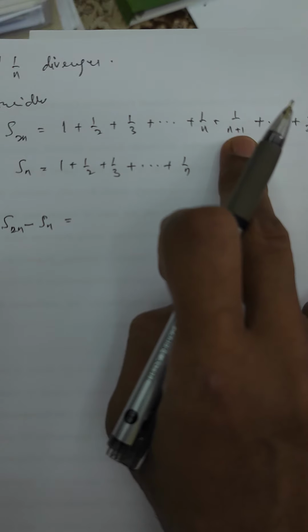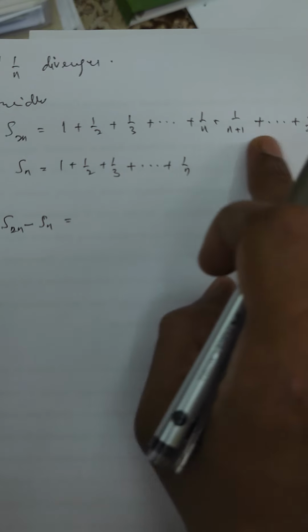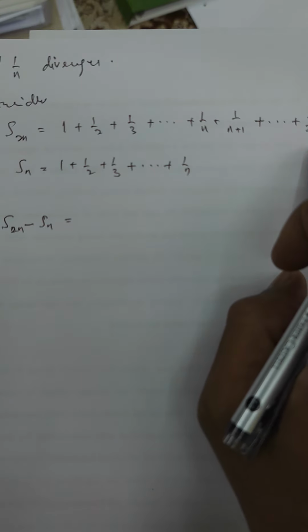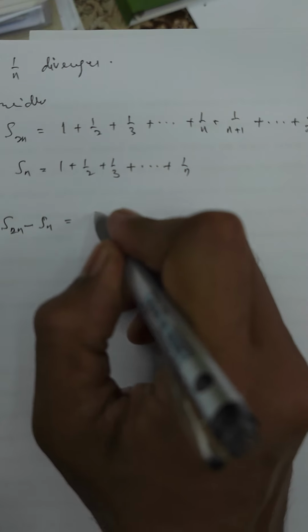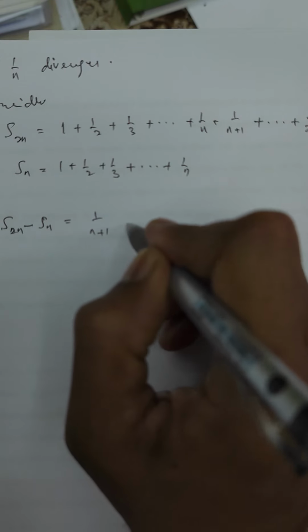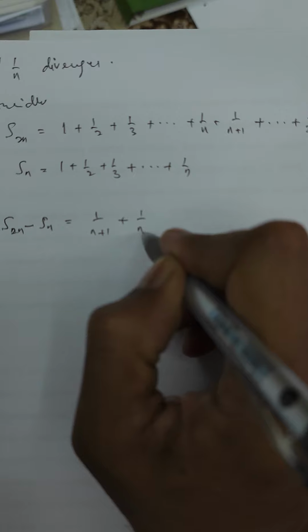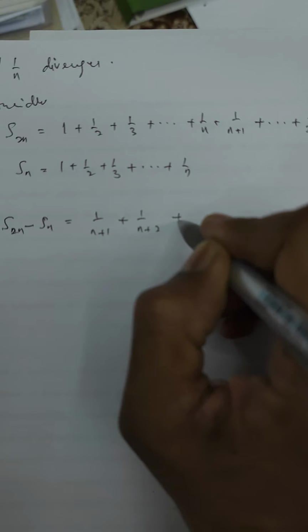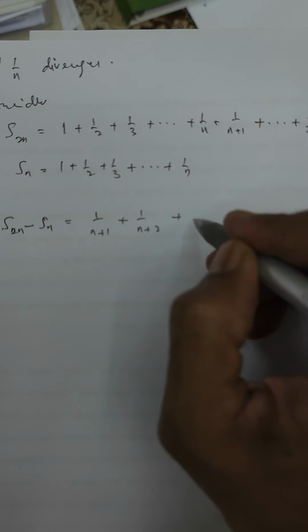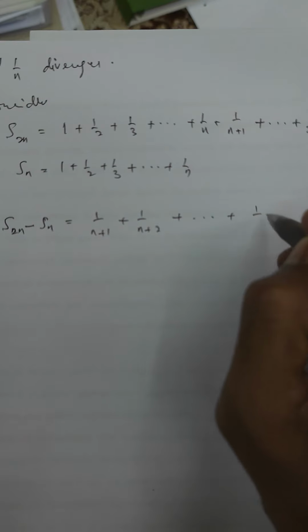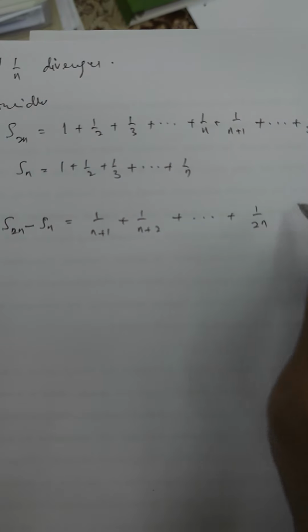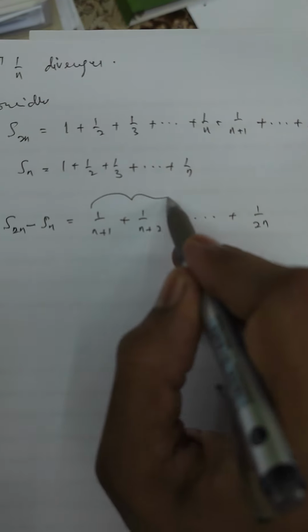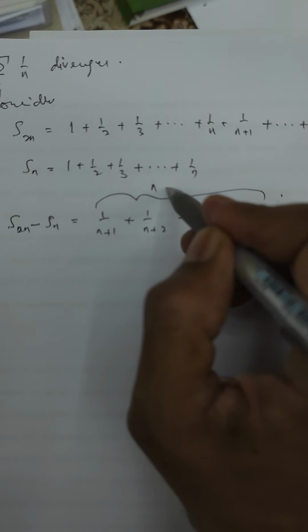What is left is 1 over n plus 1 plus 1 over n plus 2 plus 1 over n plus 3 and so on up to 1 over 2n. So here you have n terms.